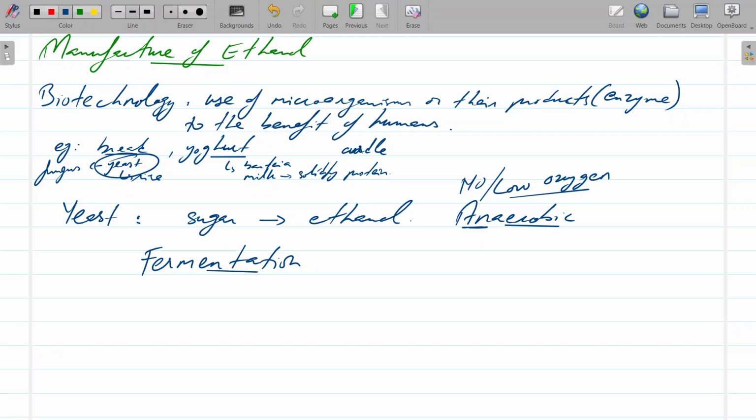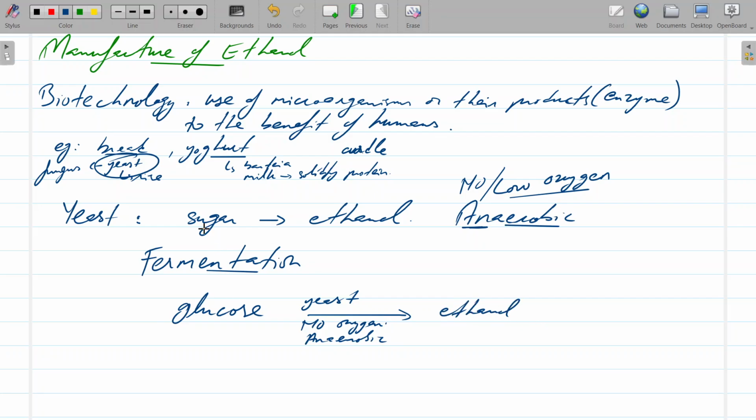Okay, so the equation for fermentation is you've got glucose and, right, you're using yeast and no oxygen, or you can write anaerobic, and you're getting ethanol, right?